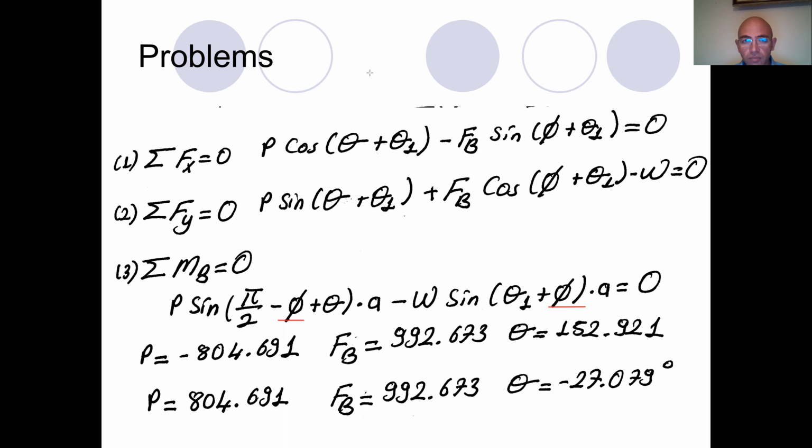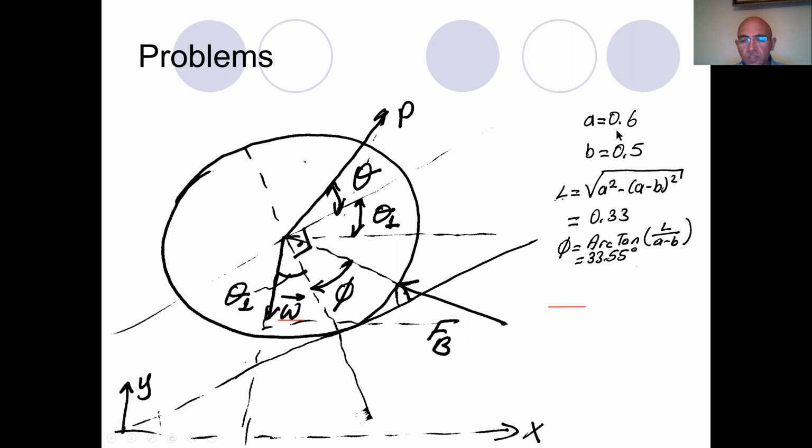Now I know that the radius is here denoted as 0.6 and denoted with A. Okay, and B is 0. Sorry, this is 0.1.